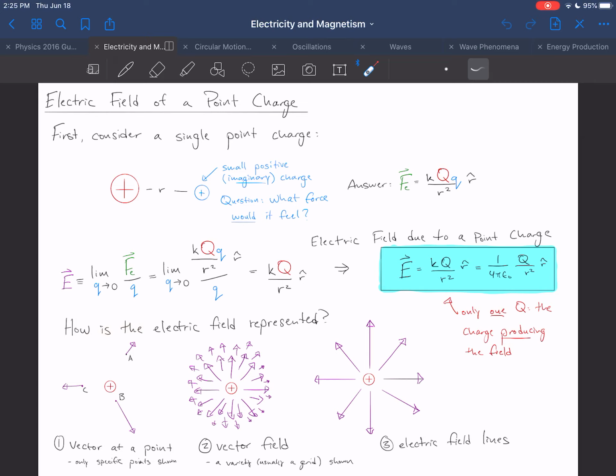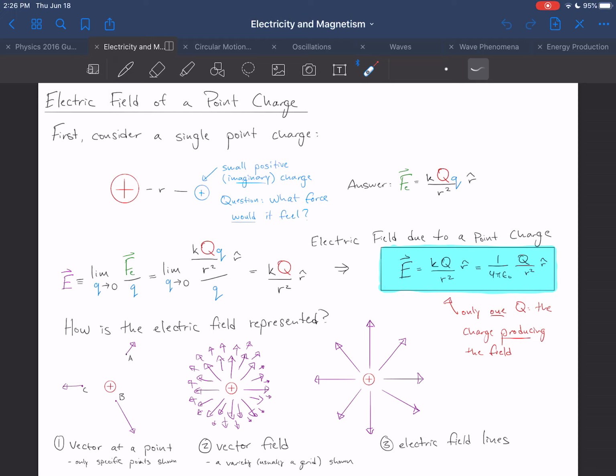Now, it's important to recognize that when we represent the field with these purple arrows like so, we're representing the electric field with just a single vector at the specific points that we've shown, in this case A, B, and C. But in truth, a better representation is something like this.